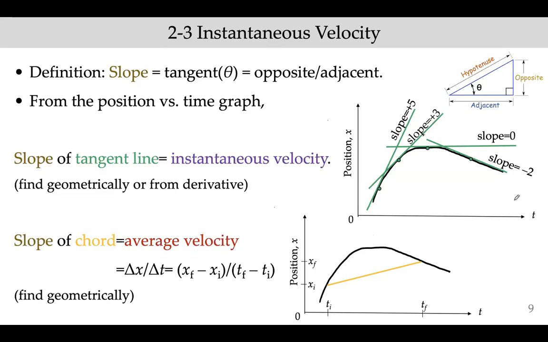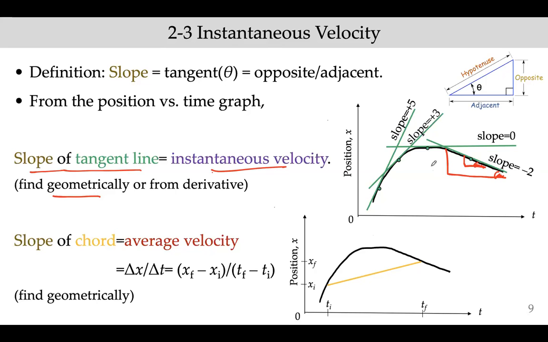So again, when you want the instantaneous velocity, you find the slope of the tangent line. How do you find it? You can find it geometrically, as I explained. You can draw some triangle. Doesn't matter which. It could be small, it could be large, and you will calculate the tangent of this angle.